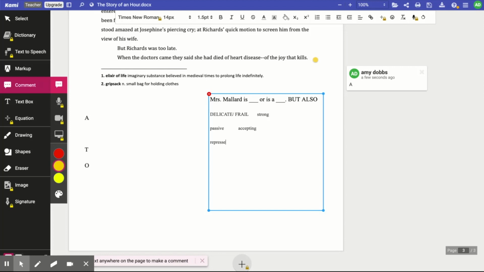She's repressed and imprisoned, yet she's also free and independent, definitely by the end of the story. We also see that she's intelligent and that she's emotional. I don't really have any dichotomies there.